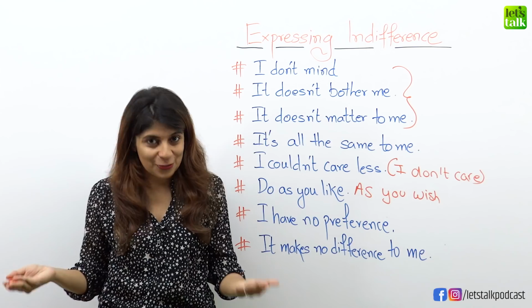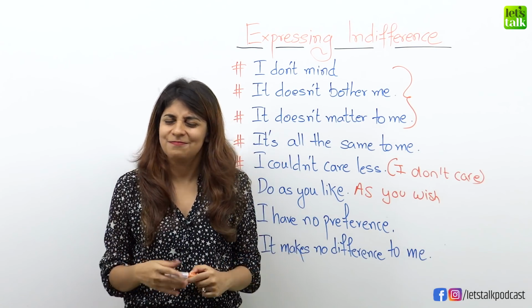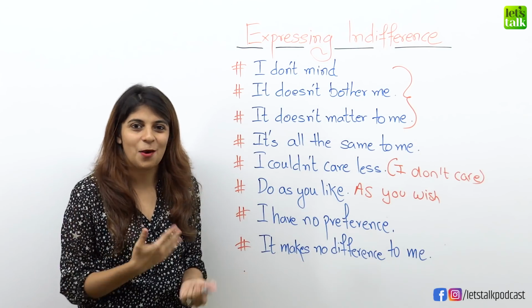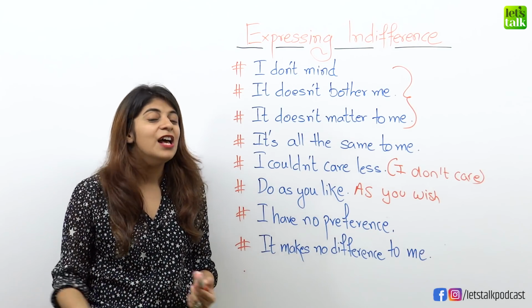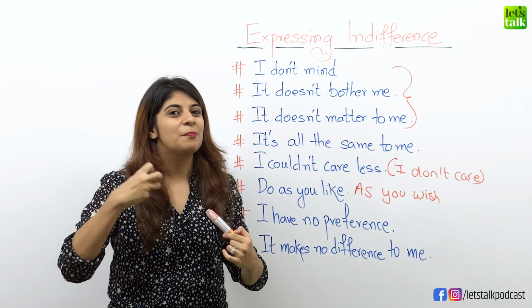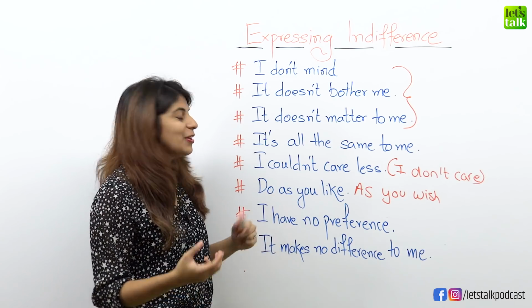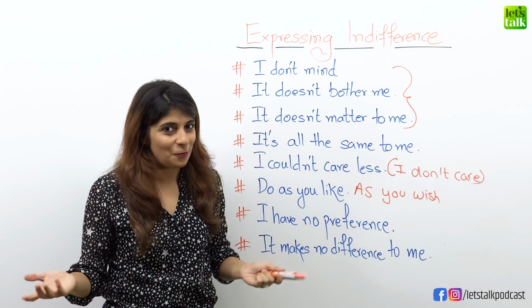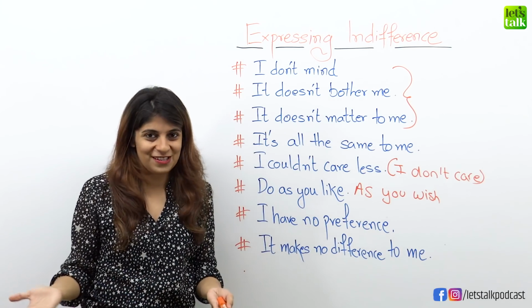What would you like to drink? Now, you are not particular about it. It's a hot day, so I guess I can go with a soda or I can go with some wine. So you do not have a particular preference, and to express that, you can use the expression I have no preference. It's all right, I can have anything, I have no preference.